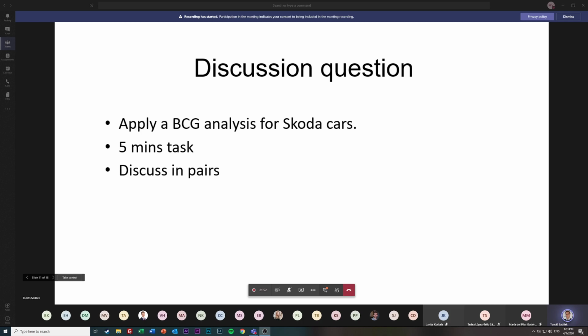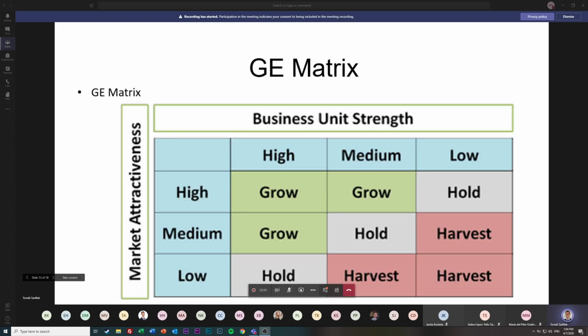If you don't have more questions, then we're gonna move to a similar matrix to the BCG matrix. These portfolio matrices that put together two variables are quite frequent in strategic management. The GE matrix, I hope that all of you can understand what's the origin.